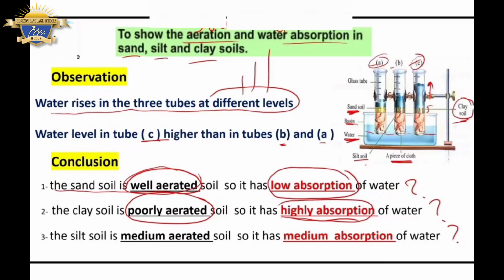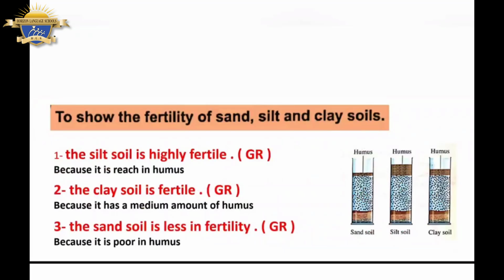Now let's move to the last property, which is the fertility of soil. We should know that the fertility of any type of soil depends on the percentage of humus in it. We will do the same experiment we did in lesson 1. We will put each type of soil in a graduated cylinder and then pour enough water in each cylinder.